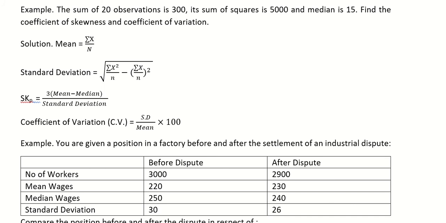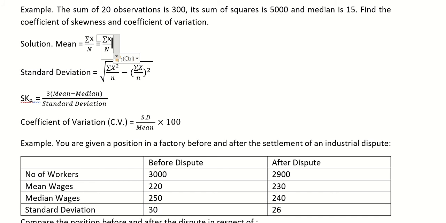So first thing, obviously we are given median. So the formula we would be applying is this: 3 into mean minus median divided by standard deviation. So obviously we need mean and standard deviation is the basic necessity. So first we'll calculate mean. So here is the formula for mean.